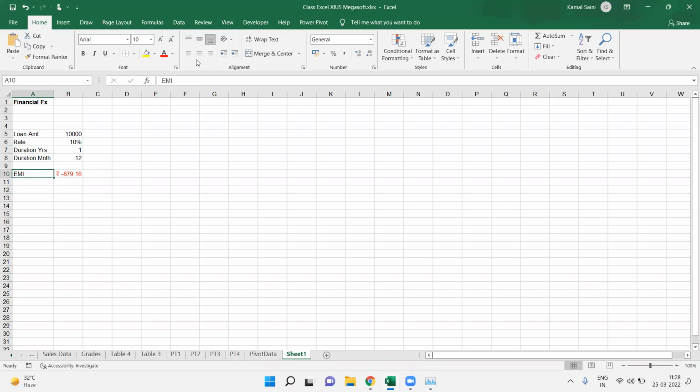Now, if I need to know the total payout in the whole 1 year, you need to multiply this number with 12 to get the correct output.